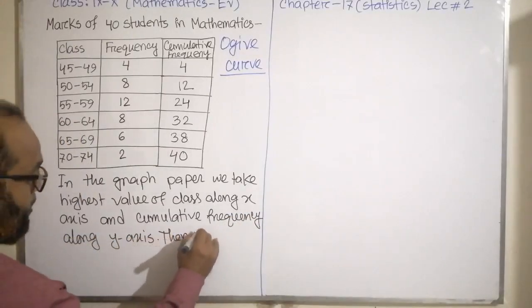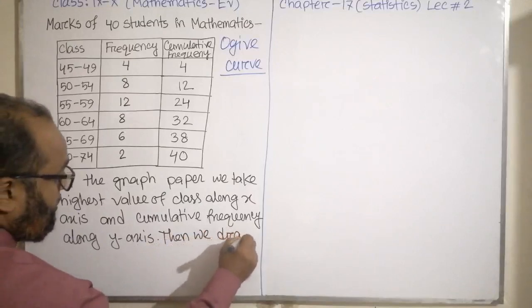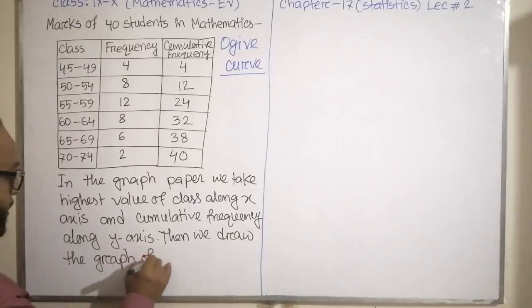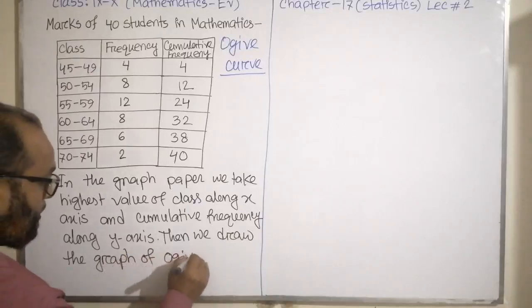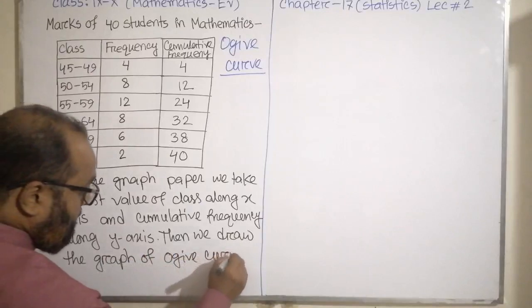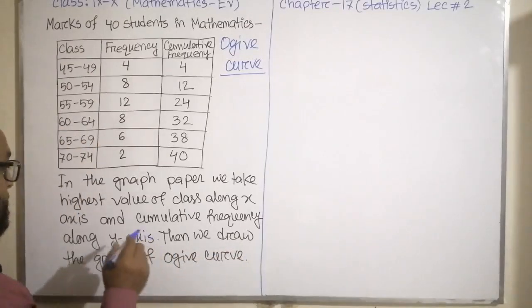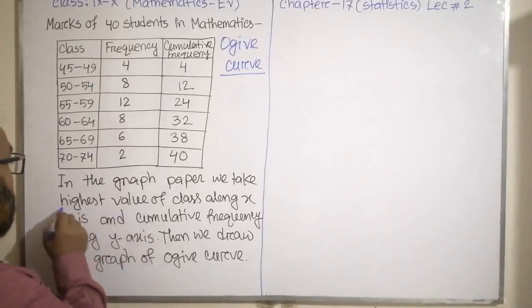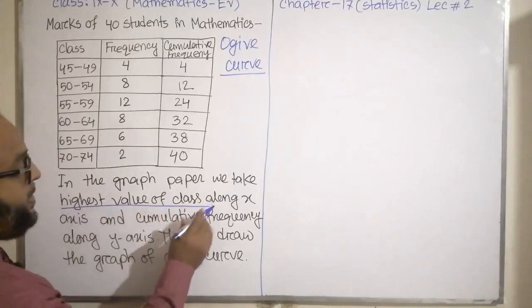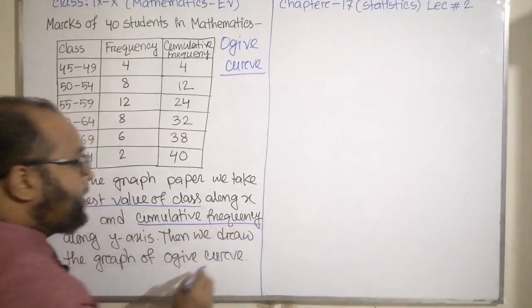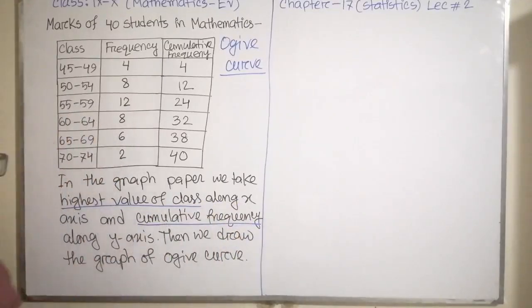Then we draw the graph of the algebraic curve. Here these 2 points are very important: highest value of class along the x-axis, and cumulative frequency along the y-axis.